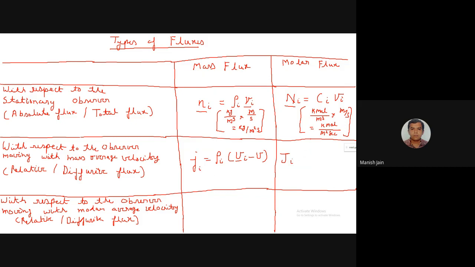Here both are vector quantities. Capital Ji can be calculated as Ci, the concentration, multiplied by Vi minus V. Vi is the actual velocity of component i, and V is the mass average velocity.